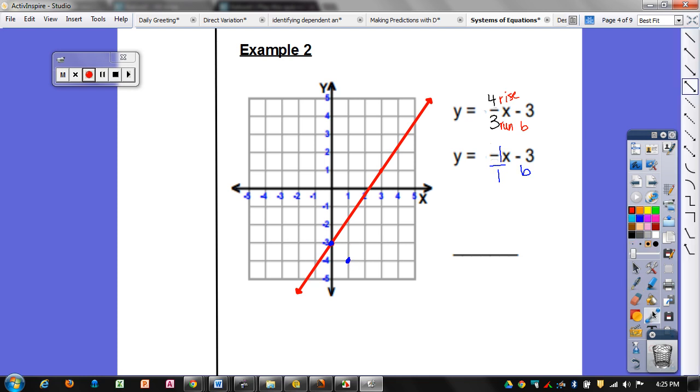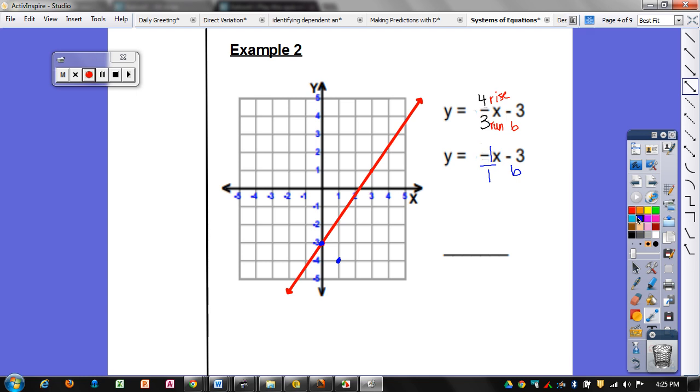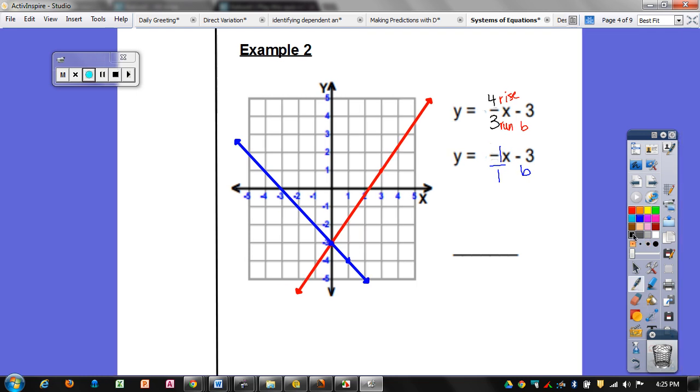Now that I have my two lines, I can draw them. And my point of intersection is right here at the y-intercept. So my solution is going to be (0, -3).